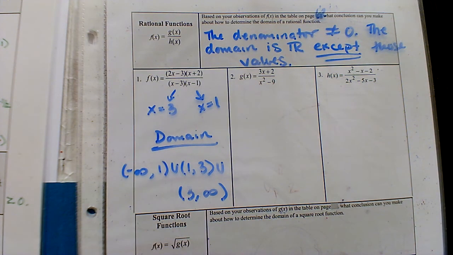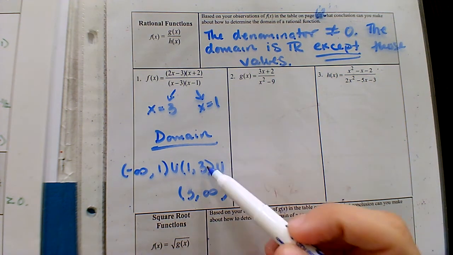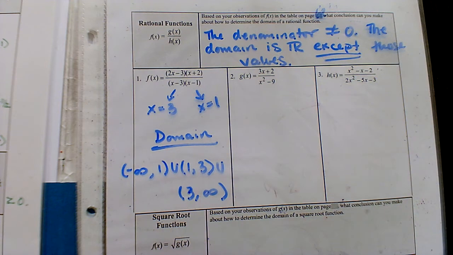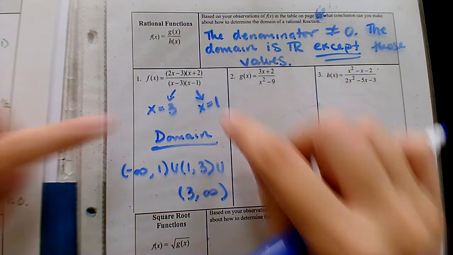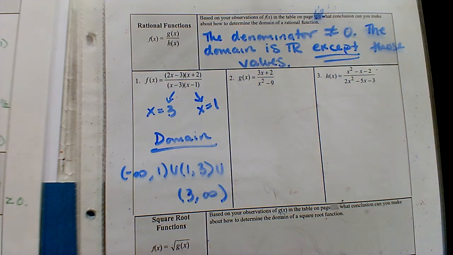Next, we would get to 3, and we have to skip over that one. So we skip over 3, and then we can keep going towards infinity. So it's kind of a long interval, because we have 3 of them to take into consideration, but we are skipping over only 2 numbers. Does that make sense? Can we see that?